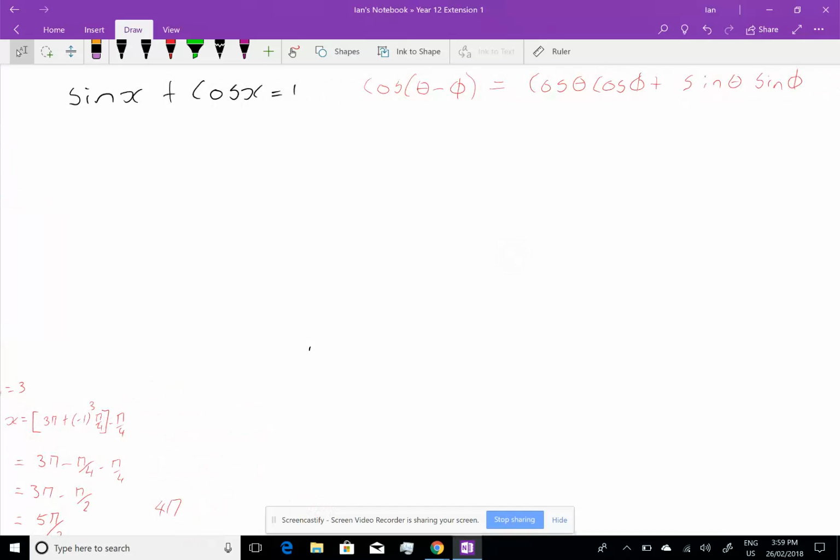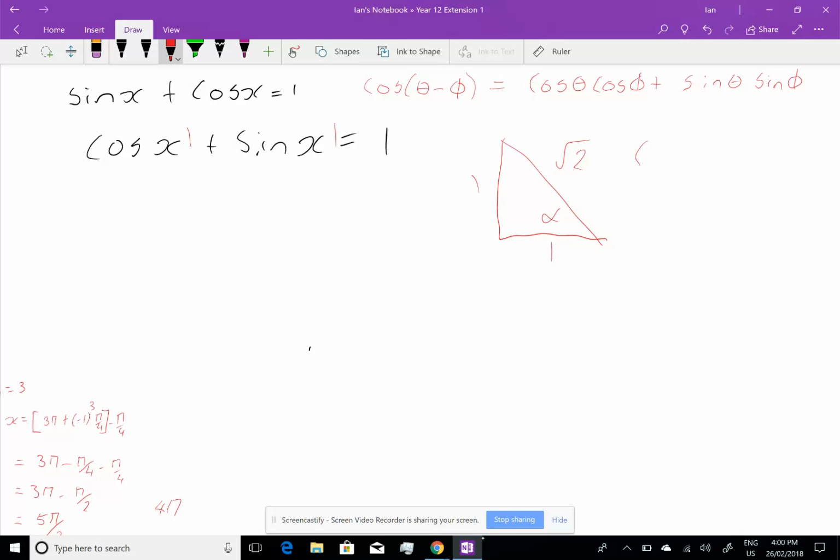All right, well, I need to have the cosines first. Addition doesn't matter, so I'll just change it around and write cos x plus sine x equals 1. Doesn't matter which way I do it. I know there's a 1 there and I know there's a 1 there. I draw my right angle triangle: 1, 1, root 2, and angle alpha.